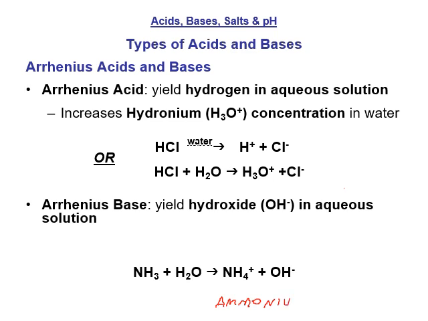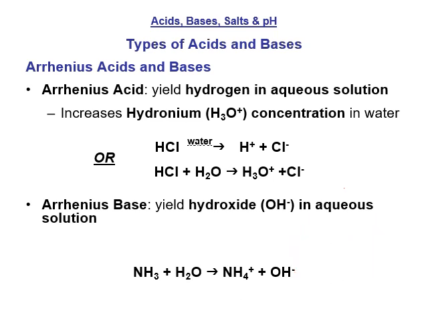So how this happens is the ammonia here is going to rip a hydrogen proton off of the water. And so what you end up with is this. This is the hydrogen proton that got added to the ammonia. That's why it's NH4 plus, and what's left over of the water molecule is the hydroxide anion.